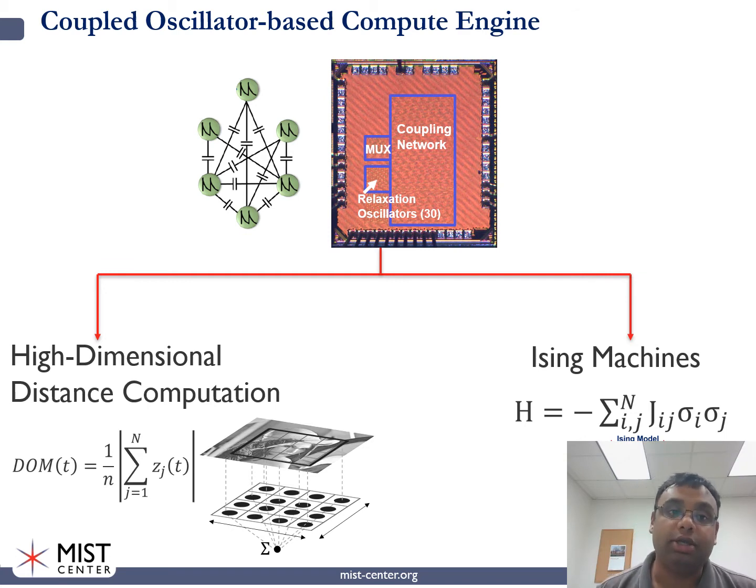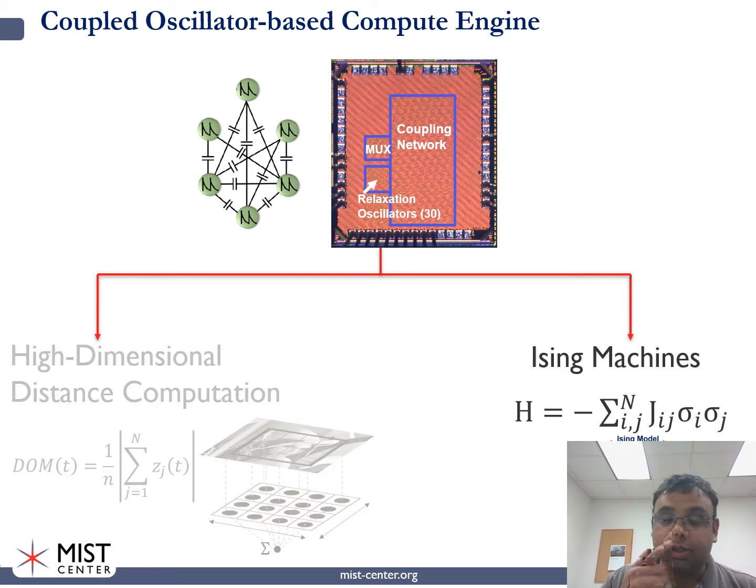The first one is that of distance computation in high dimensional space, and the applications of this are essentially for computing degree of match, for image inference in real time, and the other one is the Ising machines, which is the other application, and it's more tailored towards solving combinatorial optimization.